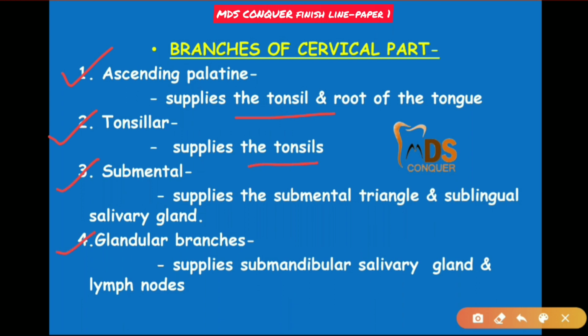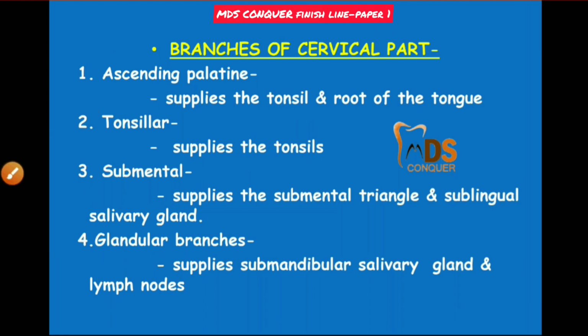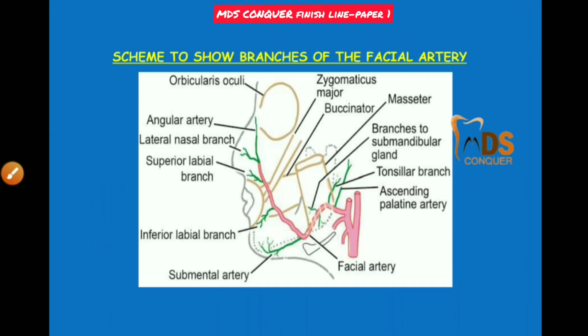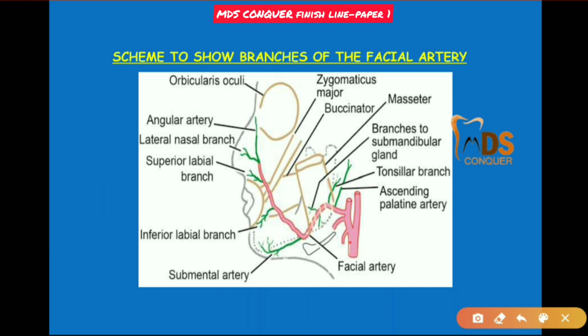So these are the branches of the cervical part. And here you can see the facial branches of the facial artery: inferior labial, superior labial, lateral nasal, and angular artery. So these are the branches of the facial artery.